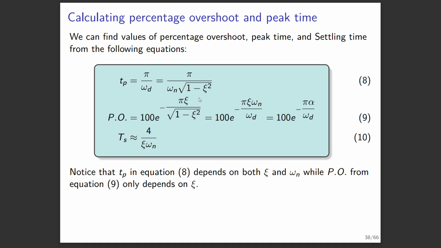If you have damping ratio, you can find percentage overshoot. So the percentage overshoot, the amount that you pass your final value, only depends on the damping ratio. And then settling time is 4 times 1 over zeta omega n.